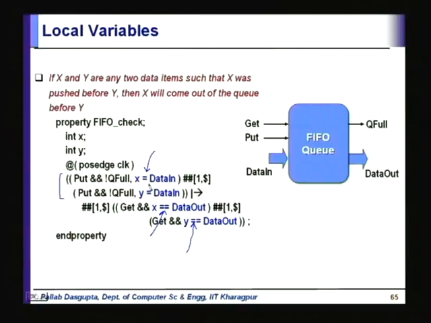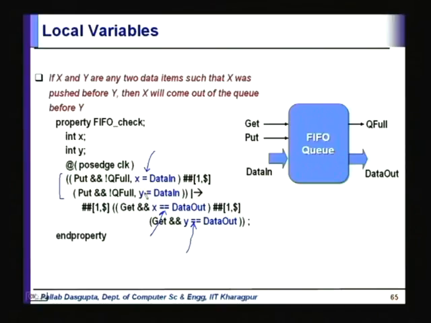So, for every pair of data that is pushed into the queue, there will be one instance of this property checking, where the first push will be represented by x, the second one will be represented by y for every pair.